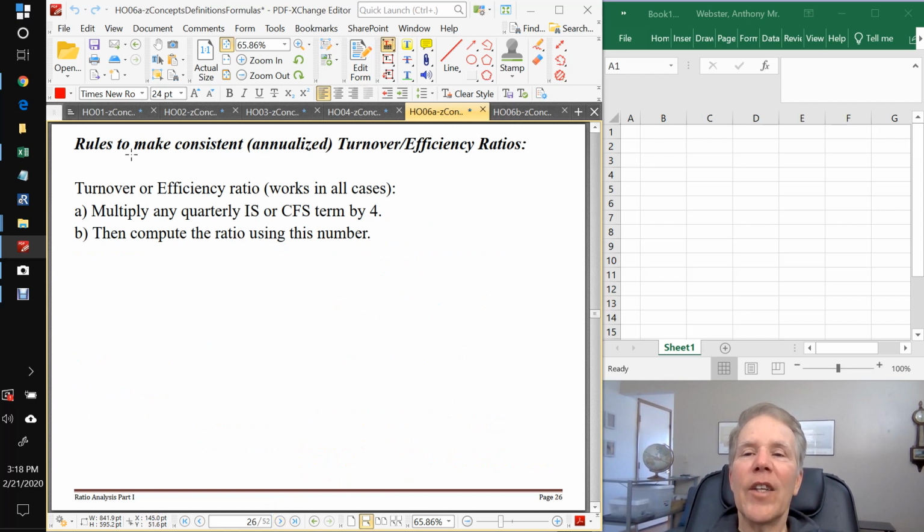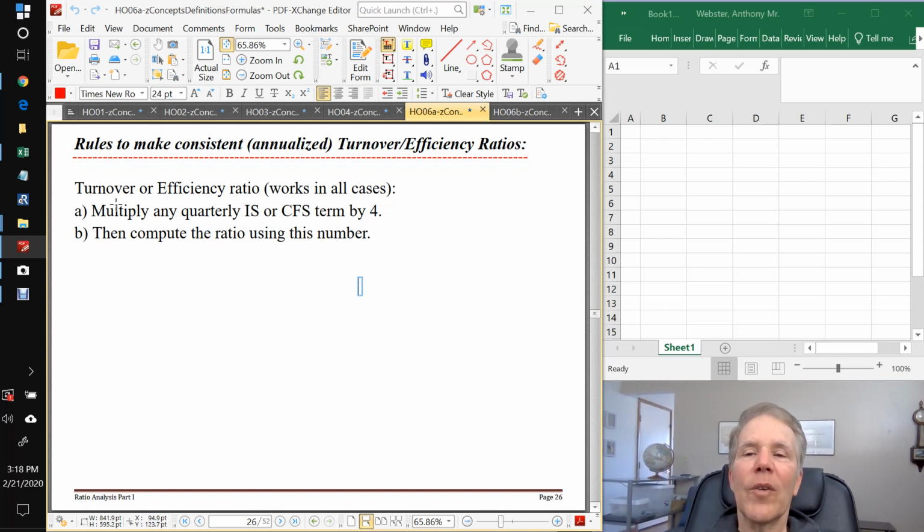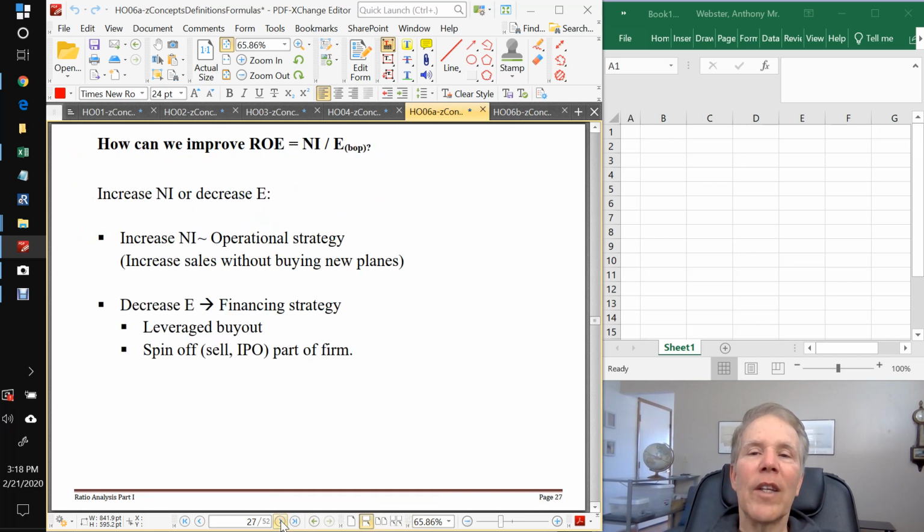Okay, and here's exactly the same rule that I have on the previous page. So you've seen it twice here. This is also in the long form notes that I presented in class. So for turnover efficiency ratios, if you've got quarterly, take that quarterly income statement or cash flow statement number, multiply it by 4, then compute the ratio. Always gives you the annualized right answer.